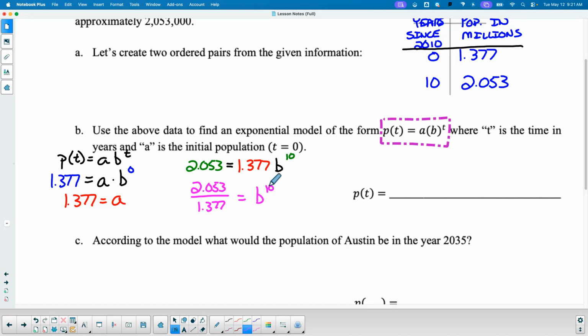The exponent would be to the 1/10th power or 10th root. Both of those mean the exact same thing. I'll even write them both, one on each side. So find me the 10th root of that.